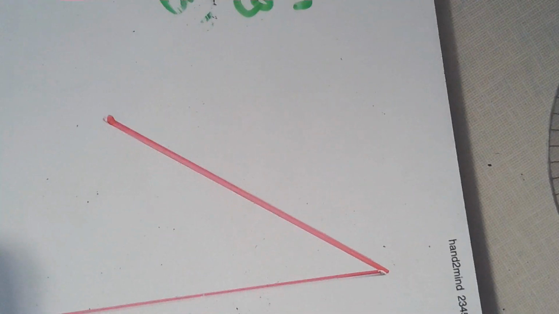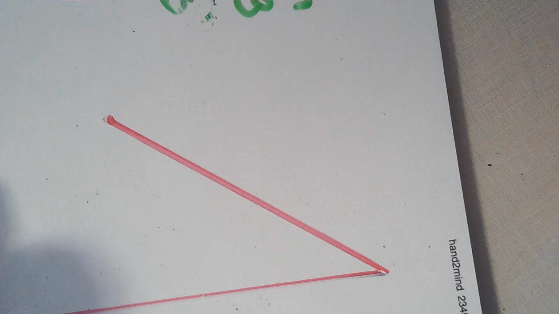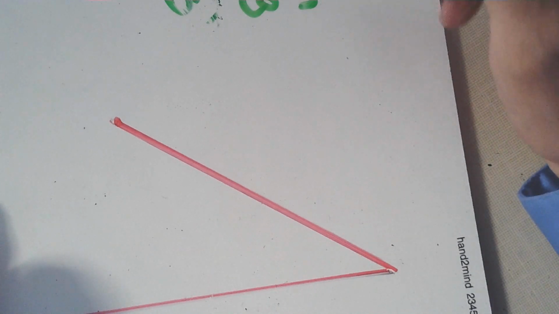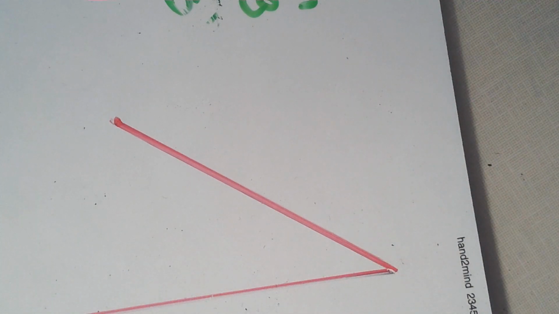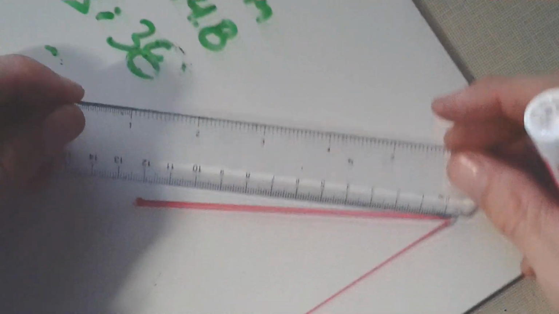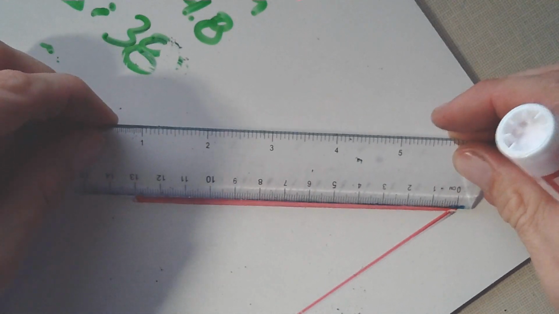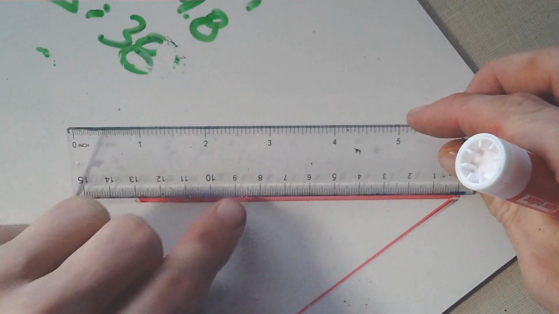Okay, and then I'm going to measure. AB is 8 centimeters. So I'm going to cut off everything except up to my 8 centimeter mark. 8 centimeters is right here.